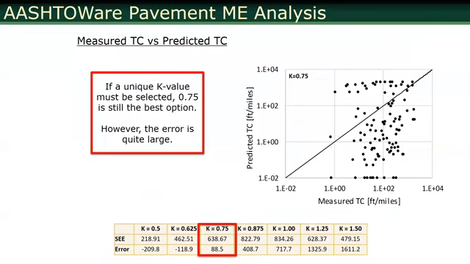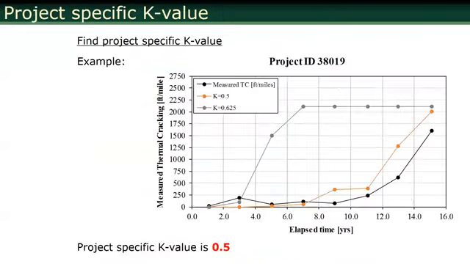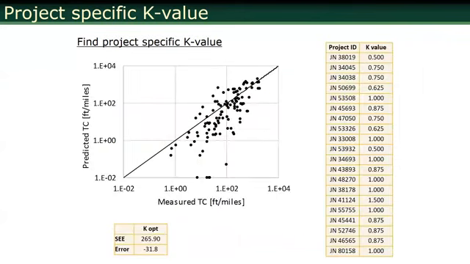We have done a study on what K to use for Michigan, and I'm not going to get into too many details of the study, but eventually what we decided is that we, as MSU, would recommend MDOT to use mixture-specific K values if they want to improve the predictions of thermal cracking. That's the only way that you can predict thermal cracking accurately.